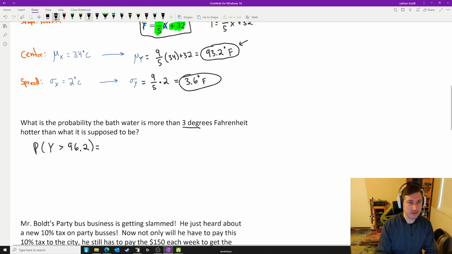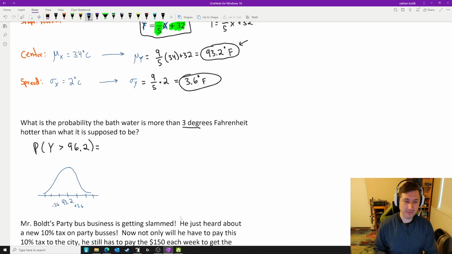It's a great way to show your work. We've got a normal curve where the center is 93.2. The standard deviation is plus 3.6, minus 3.6 over and over again.